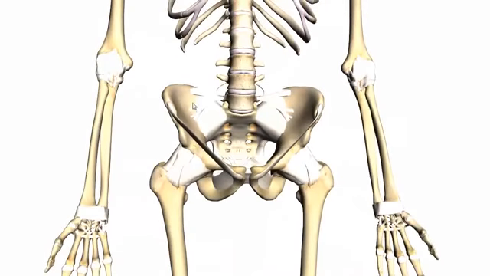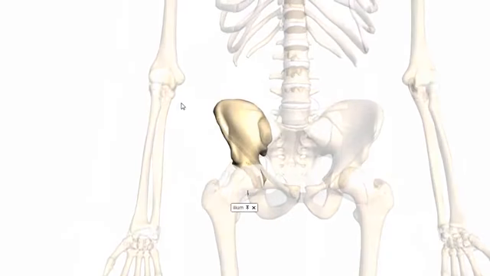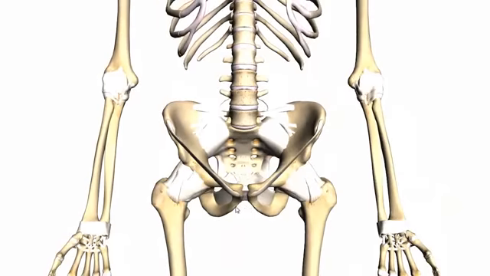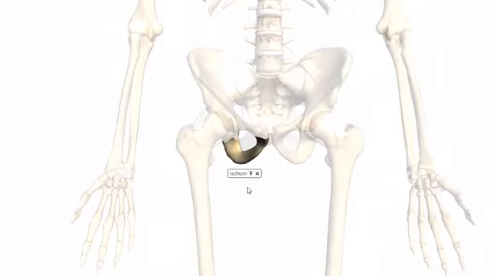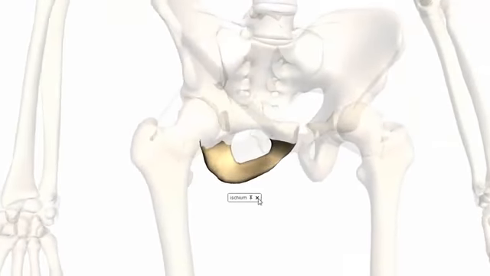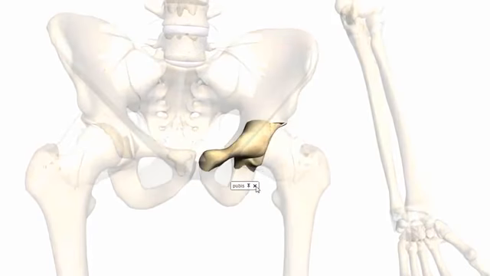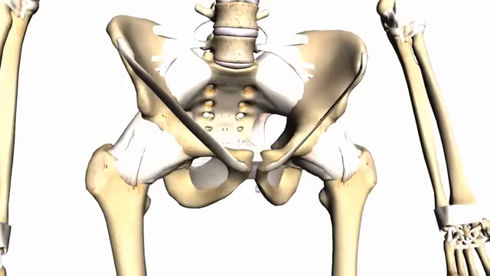These pelvic bones are known as the coxa, and they consist of three fused bones. You've got the ilium, the ischium, and the pubis. So each hip bone or coxa consists of three fused bones: ilium, ischium, and pubis.